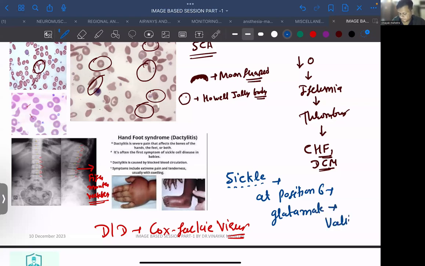Valine welcome. At position 6, glutamate will be replaced by valine. Yes, glutamate gone. G for gone. V for welcome. Okay, you can remember like this. Okay, let's go.